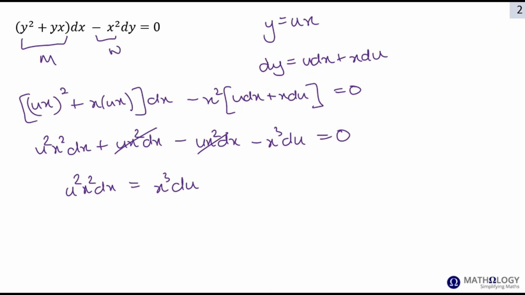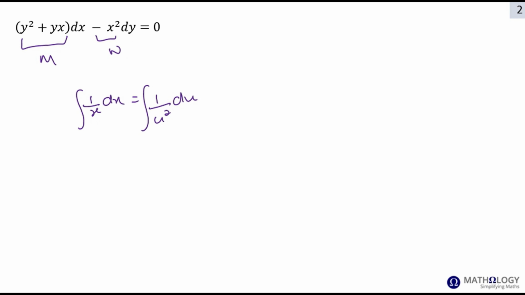We'll keep the x's on the one side and the u's on the other side. So on the left, we'll have x squared divided by x cubed, so we'll have 1 over x dx on the left. And then we divide both sides by u squared, so we'll have 1 over u squared du. Then we're going to integrate these two expressions. So we now have ln x equals, let's write this as the integral of u to the minus 2 du.